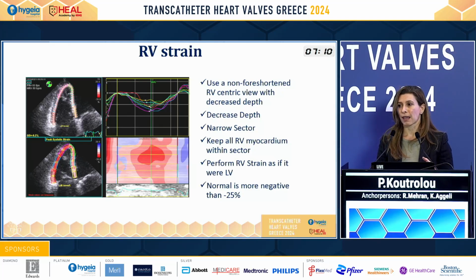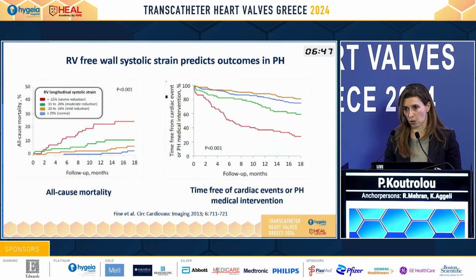We perform the strain in the RV like we're doing it in the LV. However, we disregard the segments that are in the septum, and we only account for the 3 segments that are in the lateral part of the RV. Actually, it's 3 numbers. We divide by 3, and we have our number for the RV strain. And when it is more than minus 25%, then we say that the strain of the patient is normal.